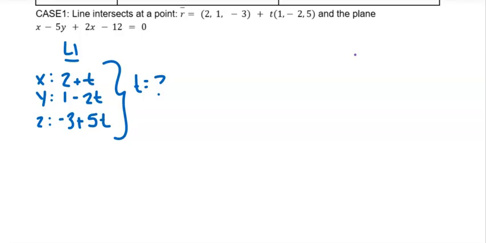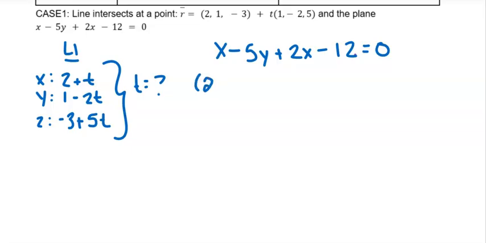In order to do that, I am going to take the vector equation of the plane and substitute in these expressions. So here's my vector equation of the plane. And for x, I'm going to put the parametric expression for the line of x.